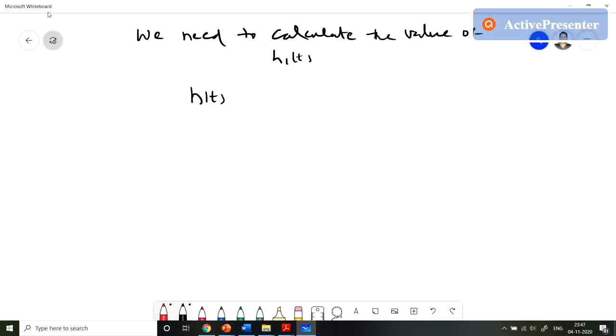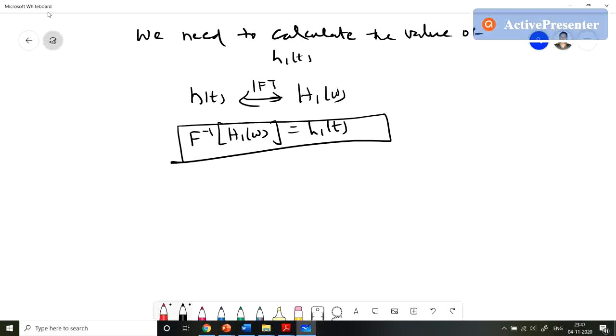So h1(t) is basically the inverse Fourier transform of H1(omega), or the Fourier inverse of H1(omega) is equal to h1(t). So we need to calculate this. So let us solve this problem. We need to find h1(t), that is the Fourier inverse of H1(omega), and H1(omega) is equal to sine 2 omega divided by 2 omega.